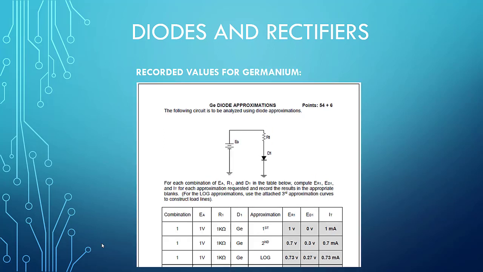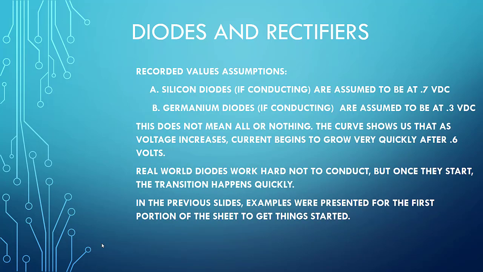How do we figure it out? Well, we'll look at the same here. We've got our germanium gimme as well, so that you've got something to at least compare it to. We want to make sure again that our silicon diodes, if they're conducting, are assumed to be at 0.7 volts. Our germanium diodes, if conducting, are assumed to be 0.3 volts.